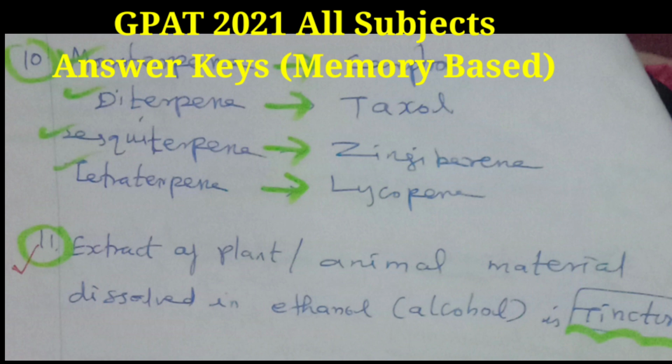Another match the following: monoterpenes, camphor; diterpenes, taxol; sesquiterpenes, zingiberene; tetraterpene, lycopene. Then the extract of plant or animal material dissolved in ethanol or alcohol is called tincture. That is the definition according to the United States Pharmacopoeia.